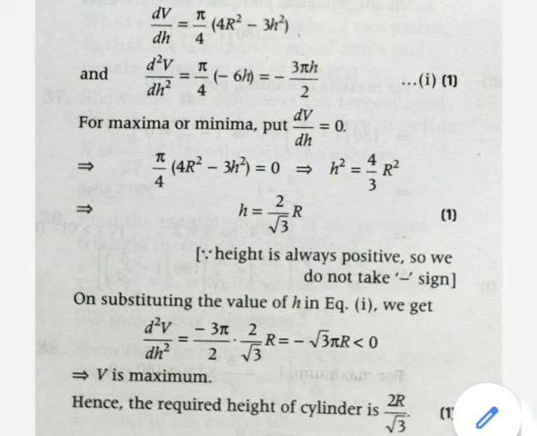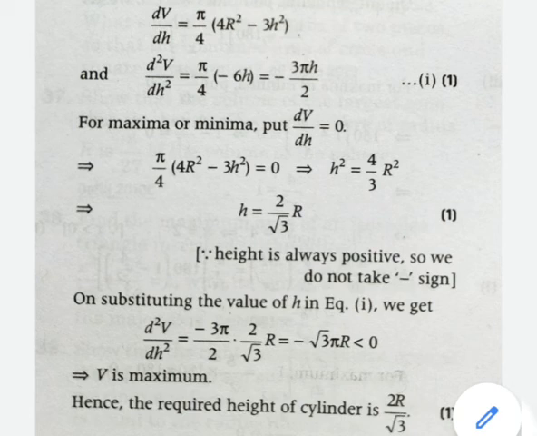Now, after we have got the value of h, what we do is we substitute the value of h in this expression of the second order derivative of the volume. That is, we substitute the value of h in d square V by dh square.